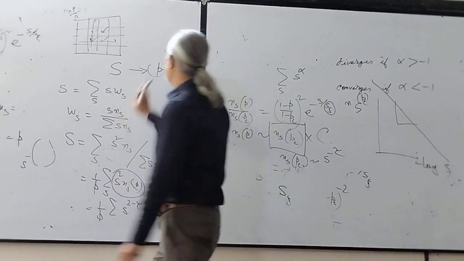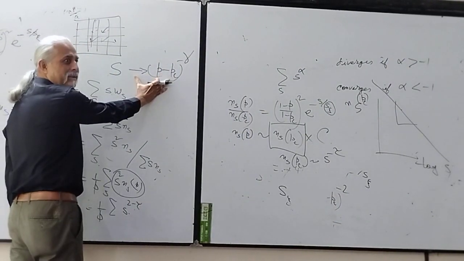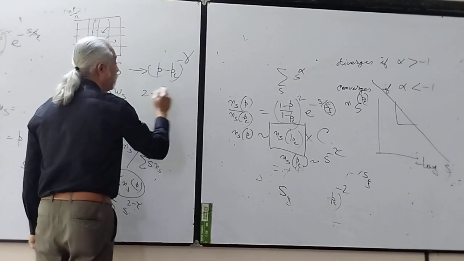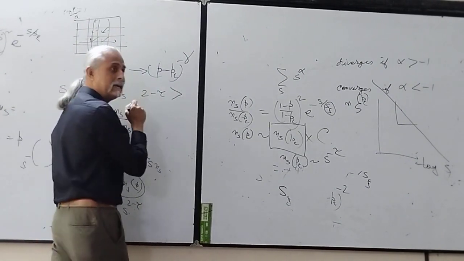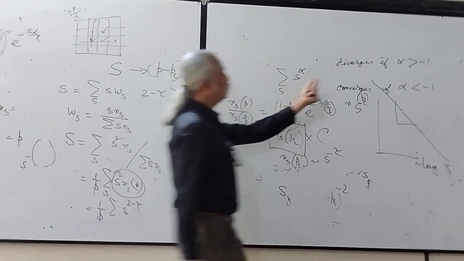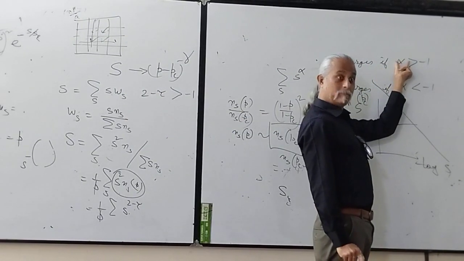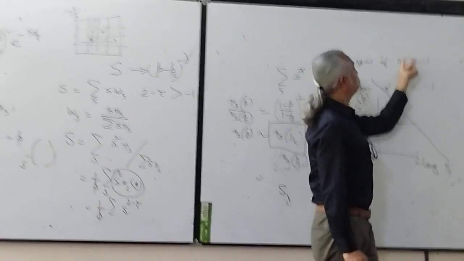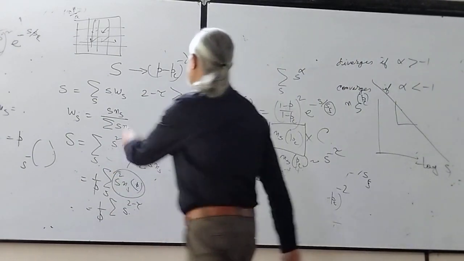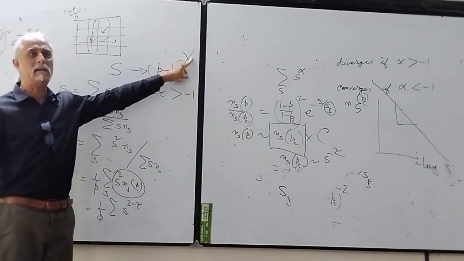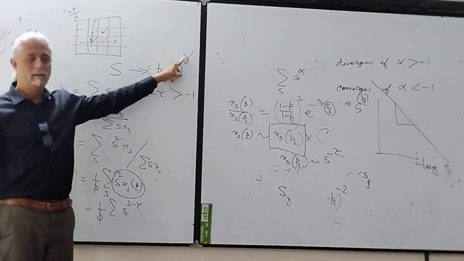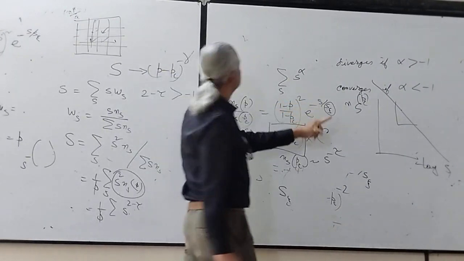And I know this diverges, which means 2 minus tau, that is alpha, must be greater than minus 1 near p_c, because I know the mean cluster size diverges in that fashion. The only way it can diverge is if 2 minus tau satisfies this condition.